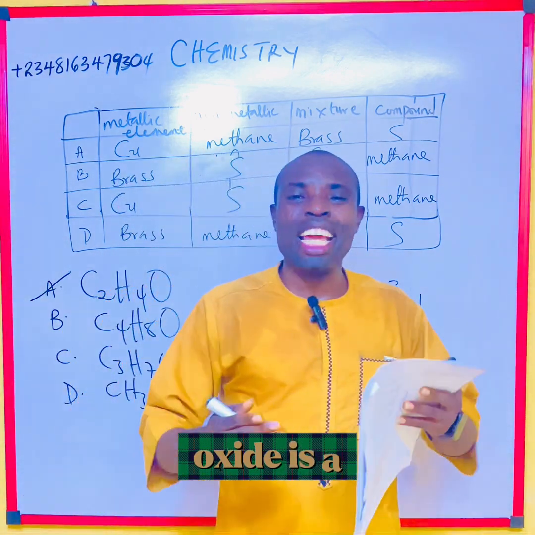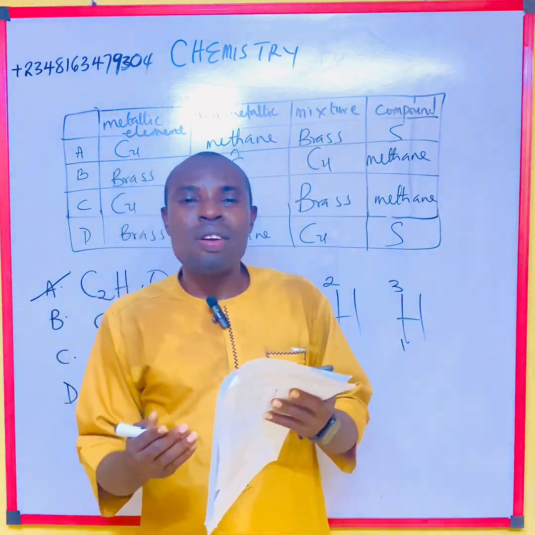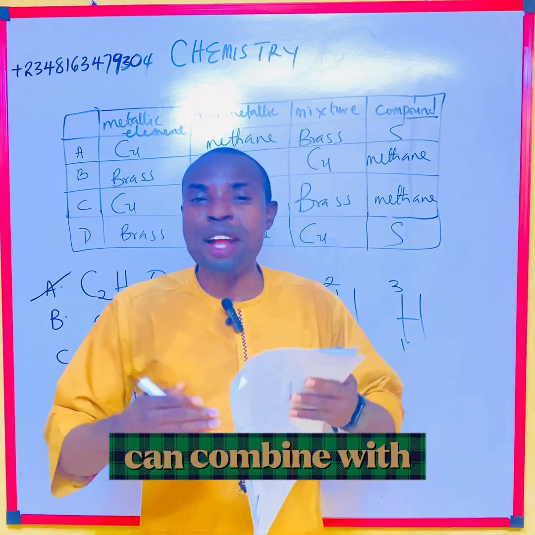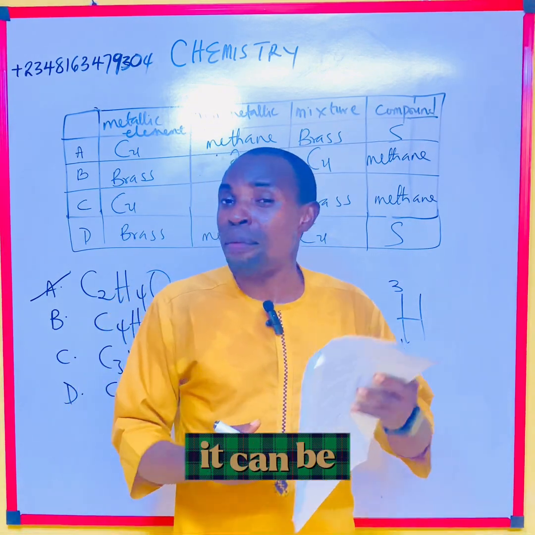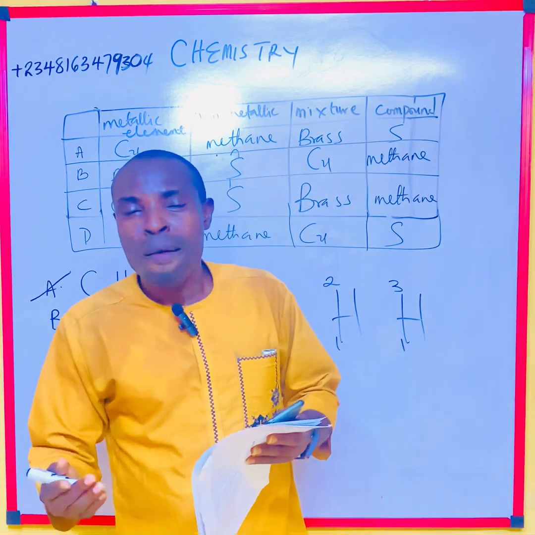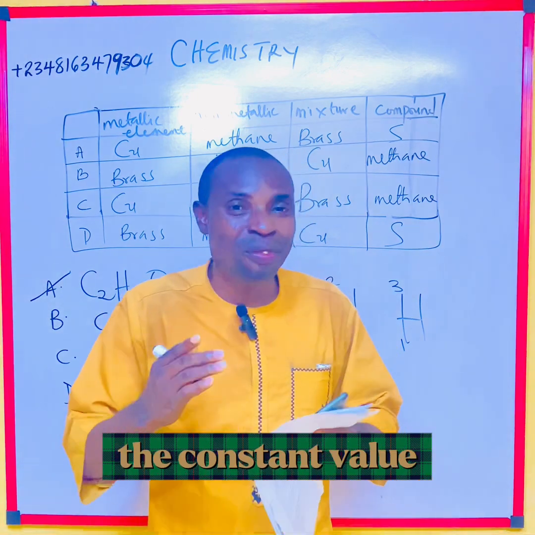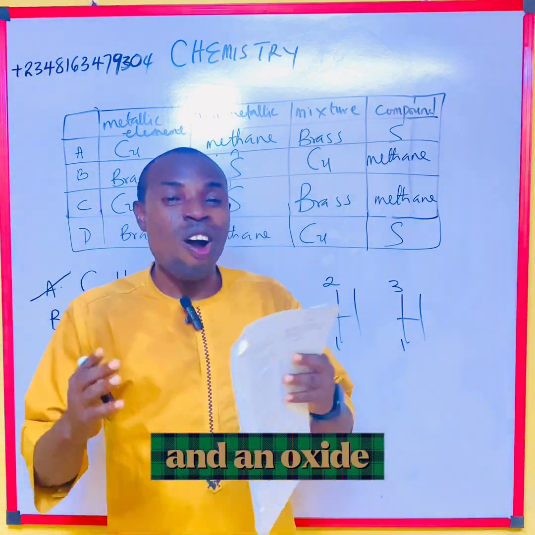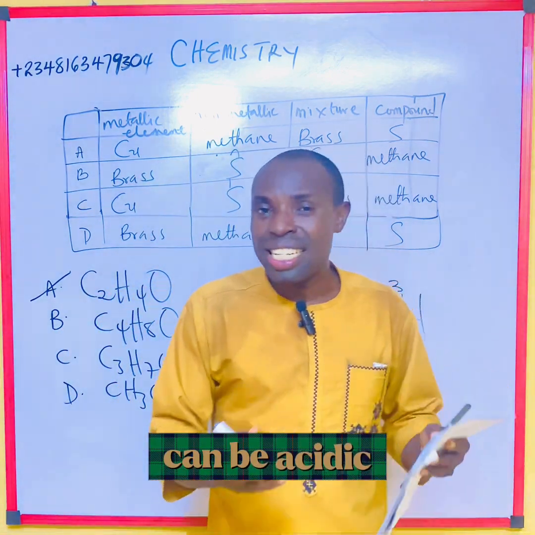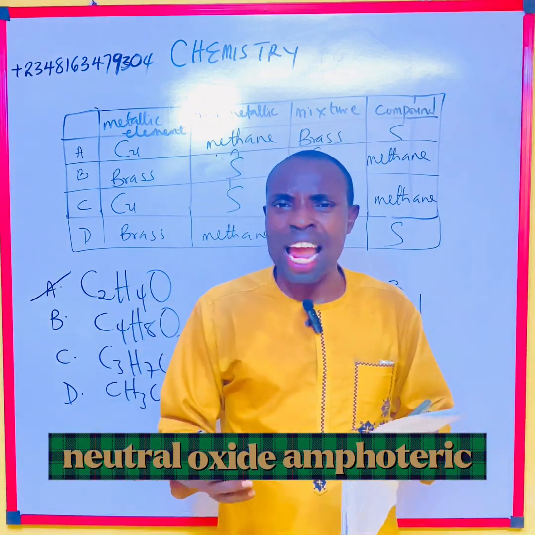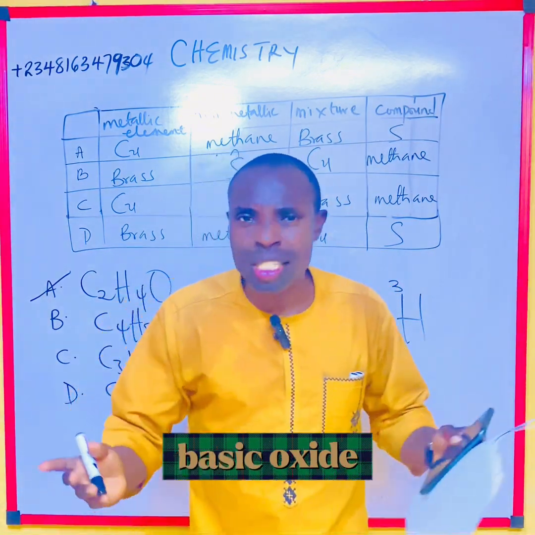Oxide is a compound in which oxygen can combine with any other element. It can be a metal, it can be a non-metal, but oxygen is the constant value there. And an oxide can be acidic oxide, neutral oxide, amphoteric oxide, basic oxide.